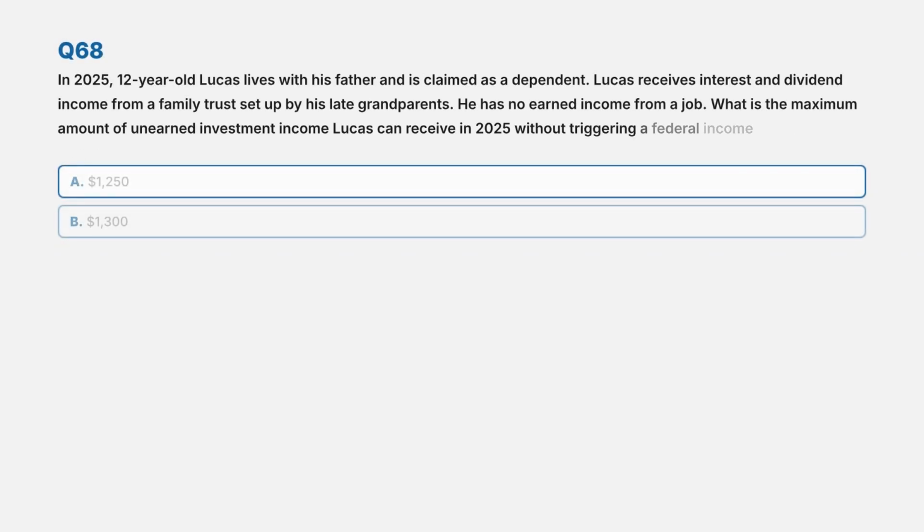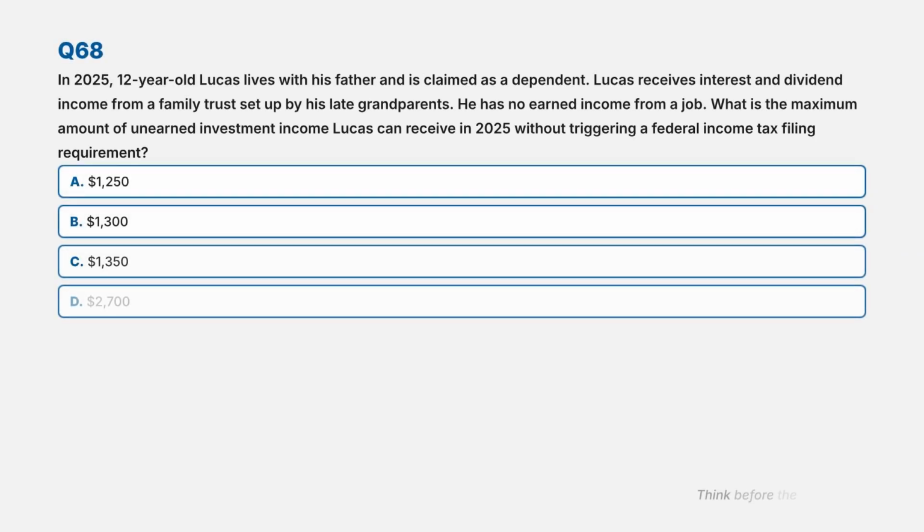Question 68. Here's the scenario. In 2025, 12-year-old Lucas lives with his father and is claimed as a dependent. Lucas receives interest and dividend income from a family trust set up by his late grandparents. He has no earned income from a job. What is the maximum amount of unearned investment income Lucas can receive in 2025 without triggering a federal income tax filing requirement?